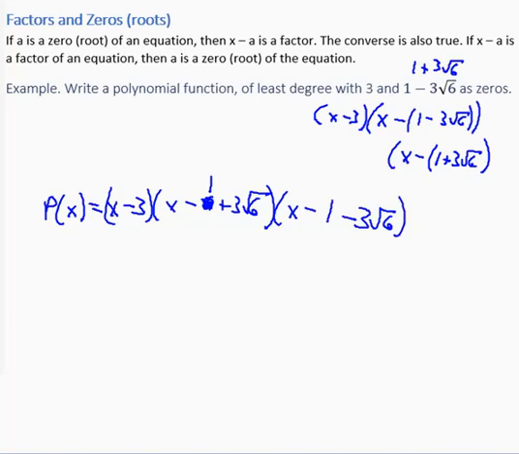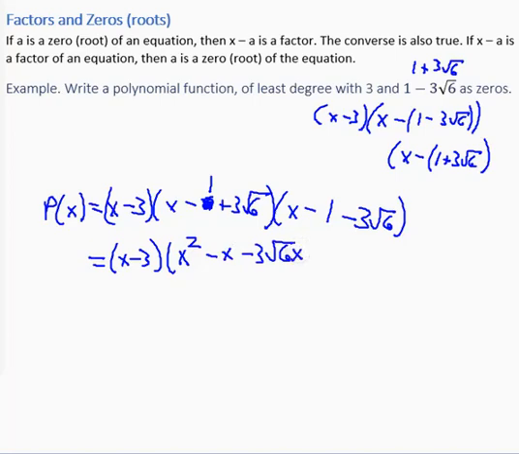And then we can multiply these out. Would actually multiply the complex roots out first. Actually, it kind of works out nicely. Let's see here. If we do, well, we can just multiply them out. We got x times x is x squared minus x minus 3 root 6x. So those three came from distributing x.